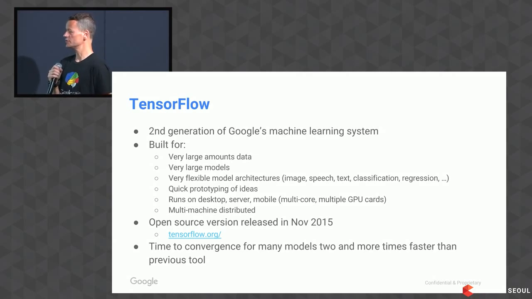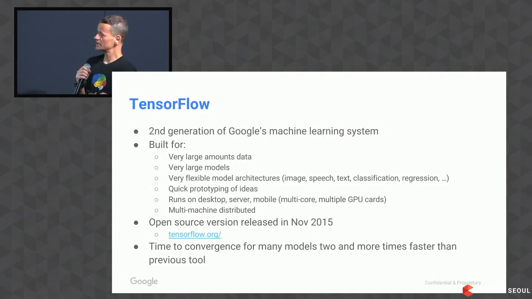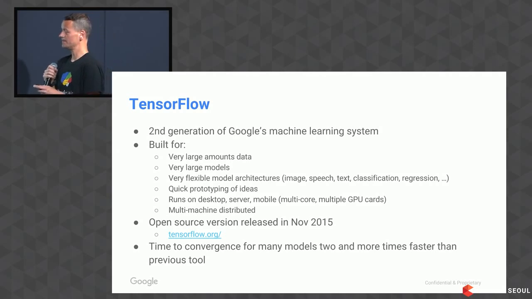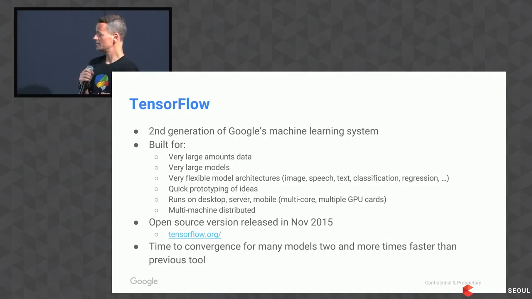So the open source version was released in November 2015, and some of you may have looked at the website. What was interesting was that a big result about this system is that it is a lot faster than our previous system. Many of the big models that we have are 2 and more times faster than with our previous tool.